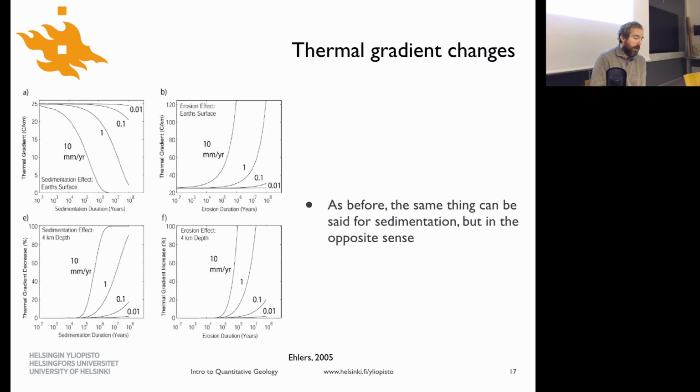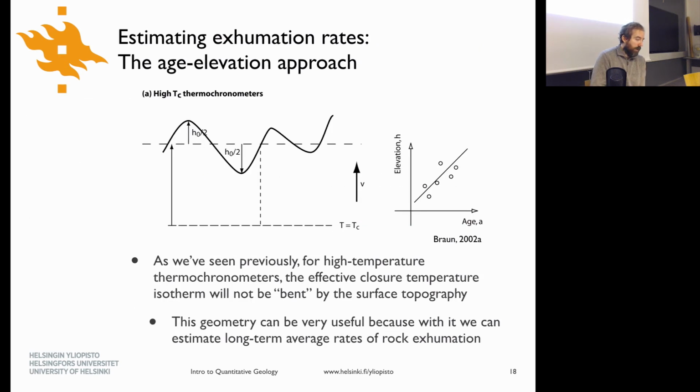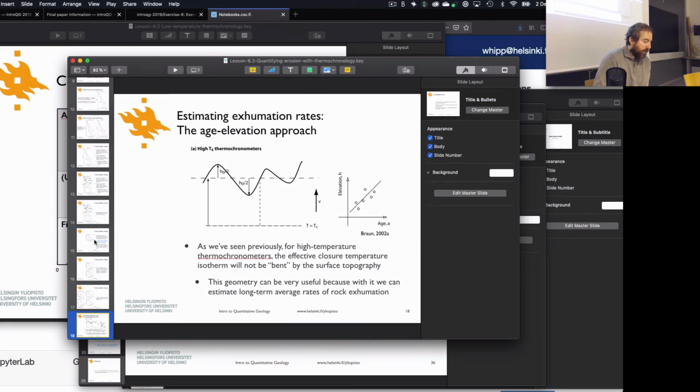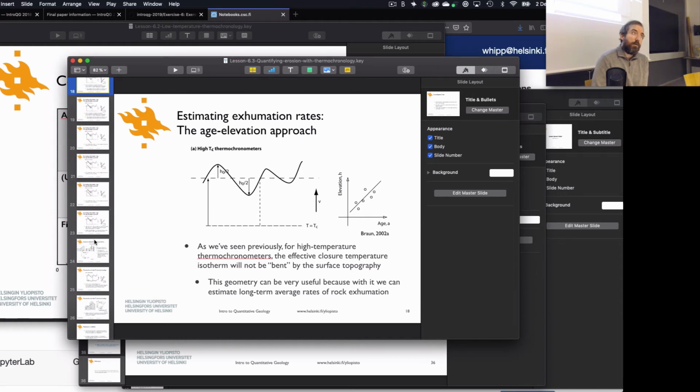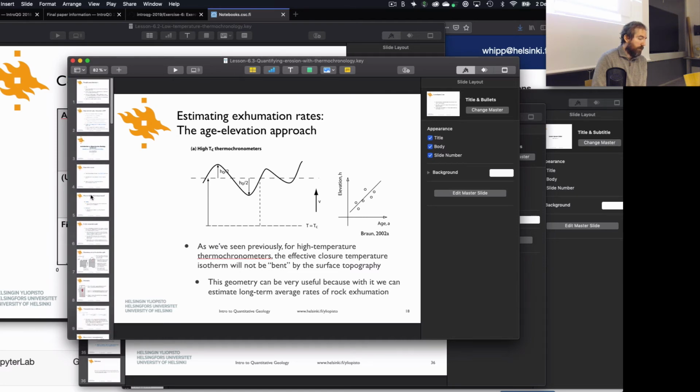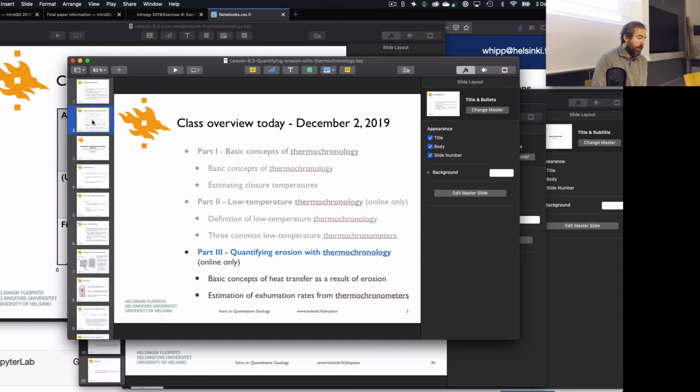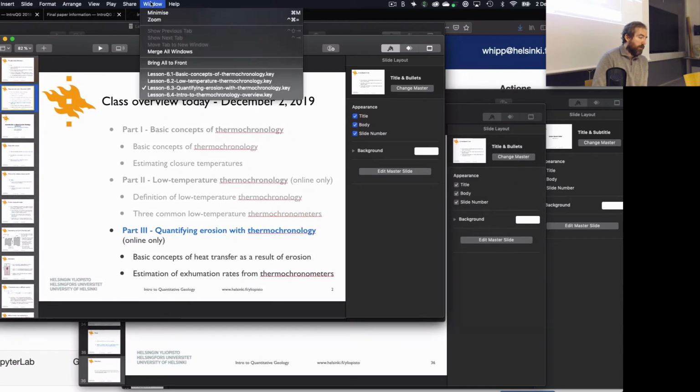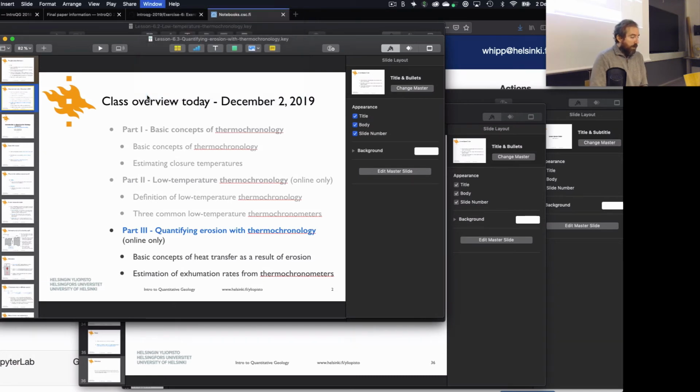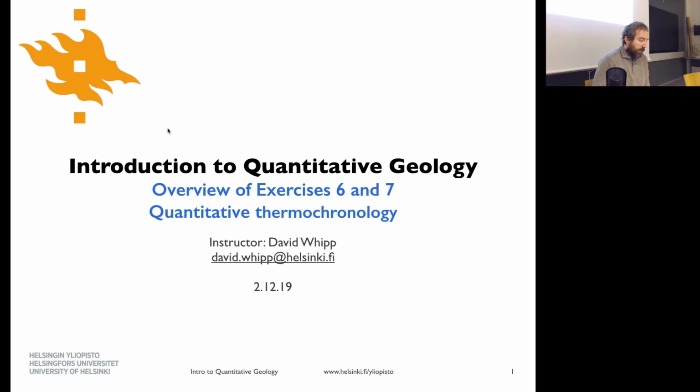I think I will just leave it at that for right now. This is maybe not as relevant for the exercise today, but could be useful for the final report. So again, it would be a good idea to look through those slides and get a sense of how these different dating systems can be used to give us information about rates of erosion.